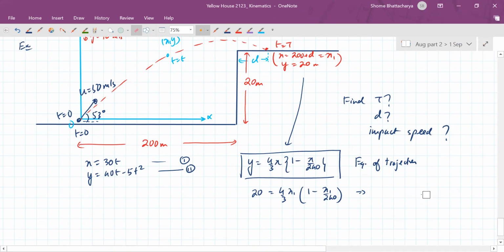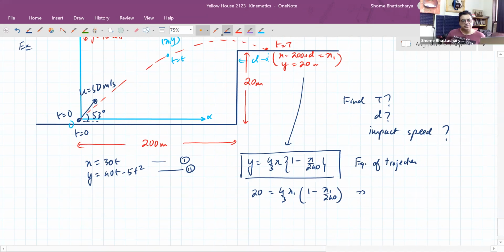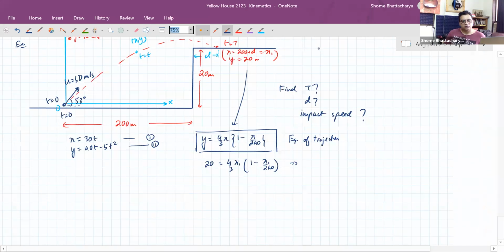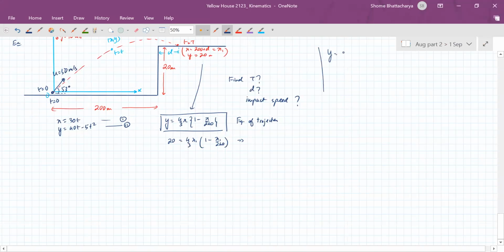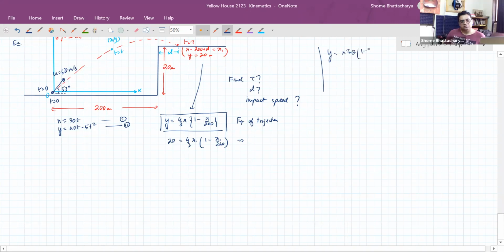Sir, can you tell how 240 came? From the standard equation of trajectory, y is equal to x tan theta into 1 minus x by R. Tan theta here is tan 53, or 4 by 3, and R is whichever way you calculate it, you'll get it to be 240.